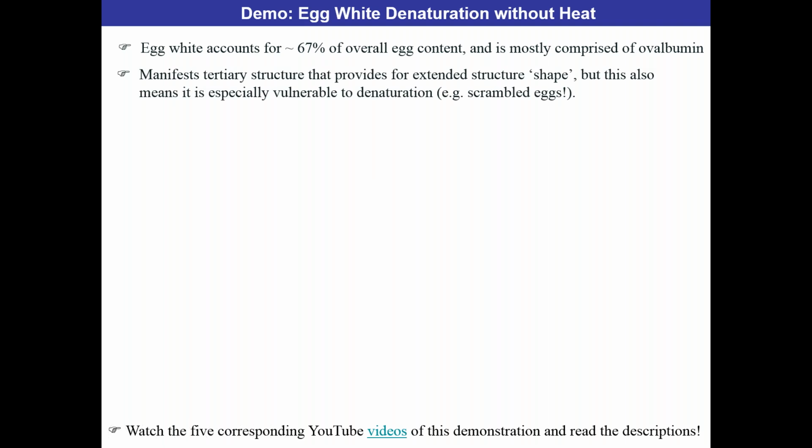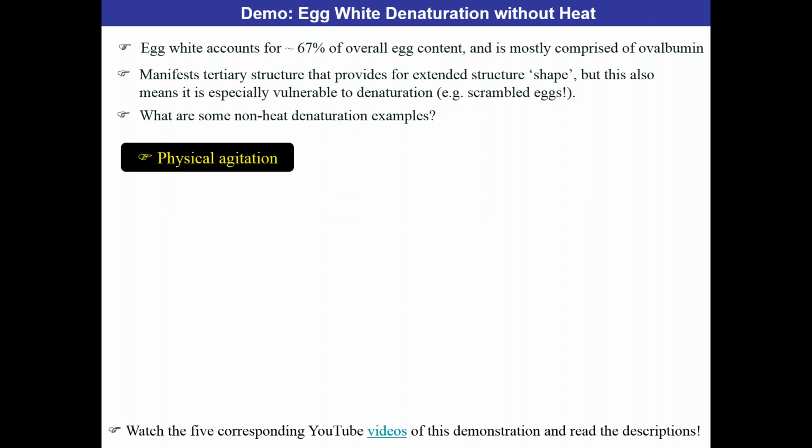But in the egg white demo that I show you, I am discussing all the different tertiary structure that helps give it its shape. And the main protein is ovalbumin within the egg white, and the egg white accounts for about 67% of the overall egg content, okay? I give you a lot of really good description and detail in those YouTube videos, not only in the video itself per se, but also in the description, so please read that.